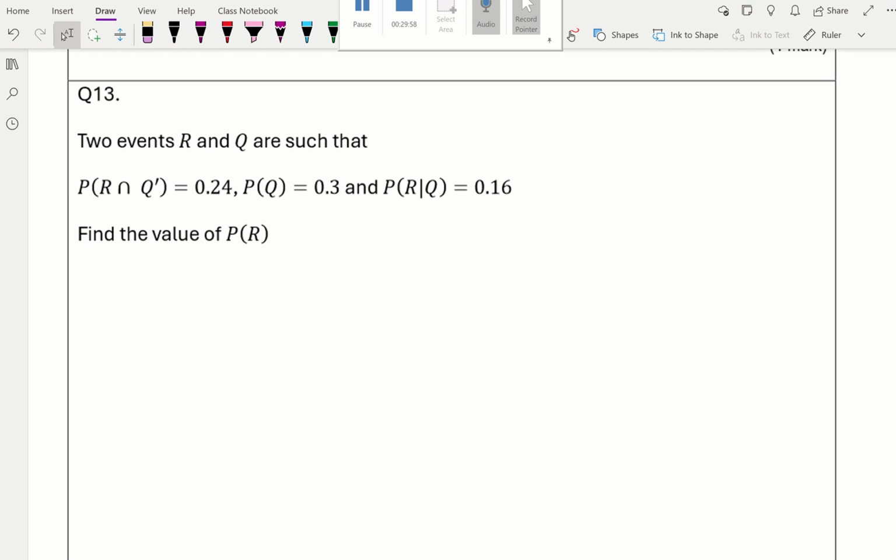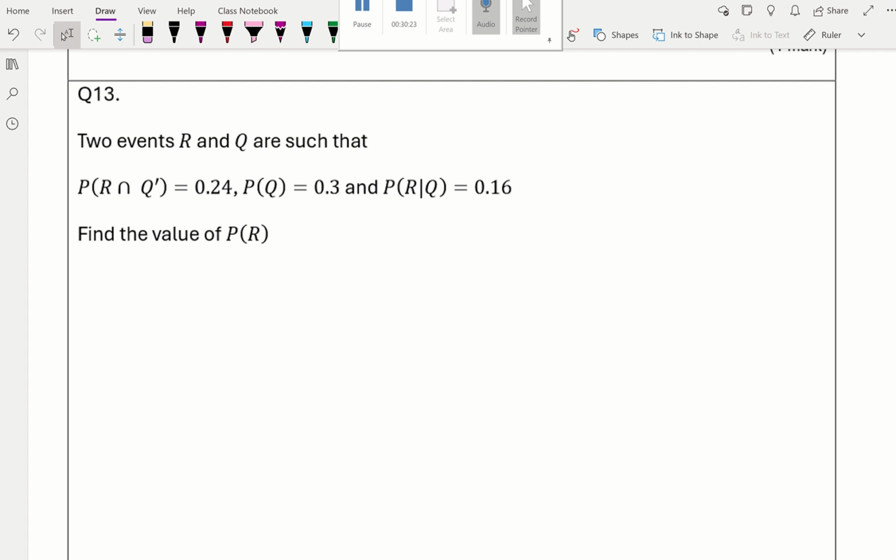This says two events R and Q are such that the probability of the intersection between R and the complement of Q is 0.24, and the probability of Q is 0.3, and the probability of R given Q is 0.16.